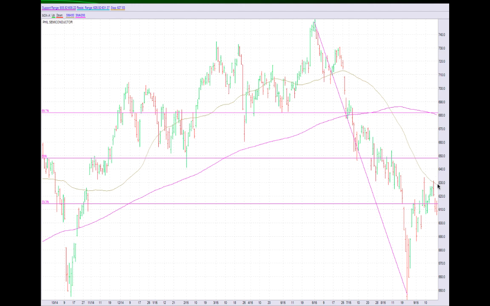It never quite made it back to the 50% retracement area, which is kind of bearish, and it's falling back down here today. We're down a couple percent today. So the fact that we broke below this 62.8% retracement is another bearish sign; usually when you break below this, you're going to go back down and test these lows also.